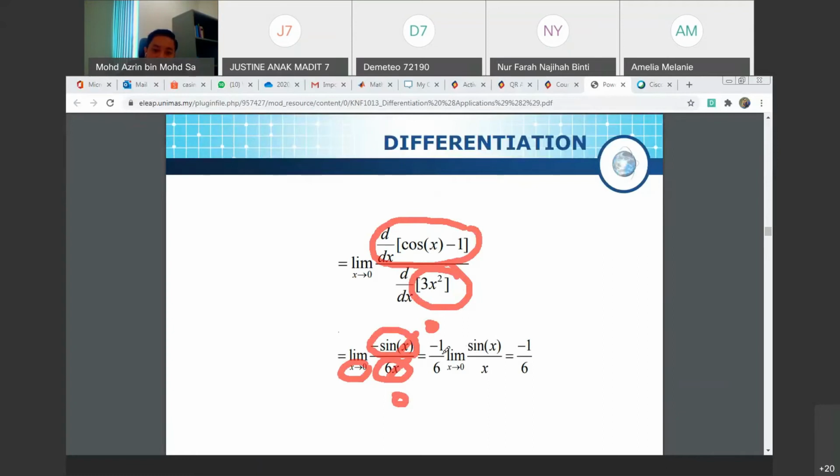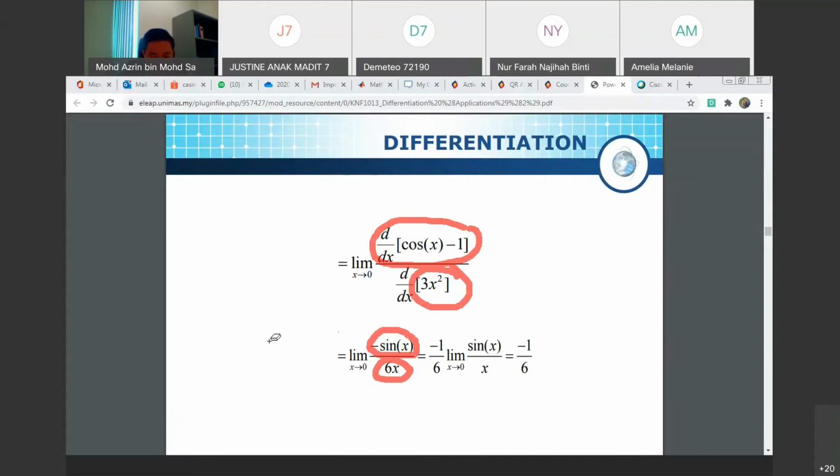Okay, then you will get this negative sin x divided by 6x, and then you will get negative 1 over 6, where the limit x equal to 0, you will get sin x over, you rearrange it, and you will get negative 1 over 6 when x approaching 0.